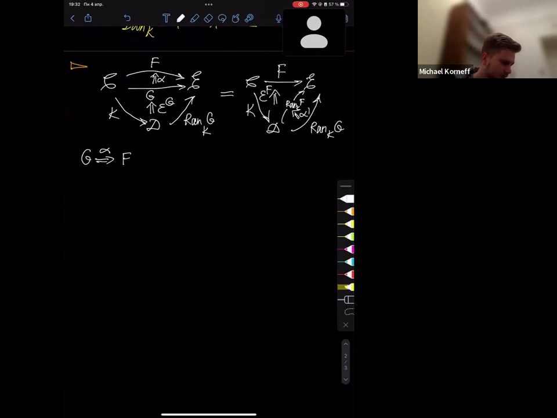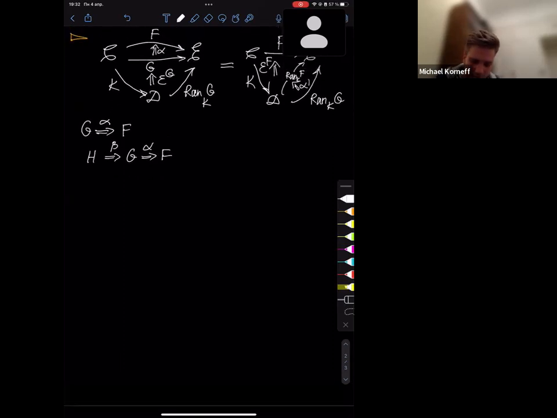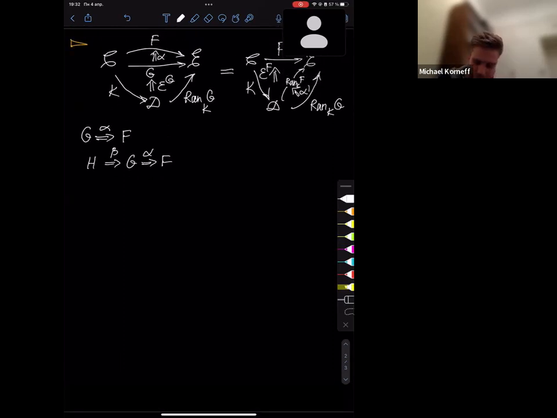Consider the following sequence of natural transformations H to G to F, and let them be beta and alpha. And then I can write the following equalities of diagrams. We have such a diagram.